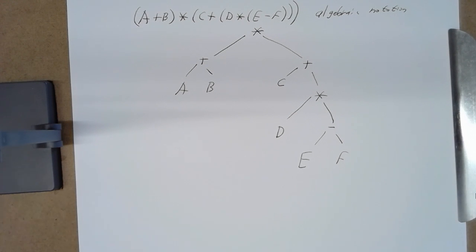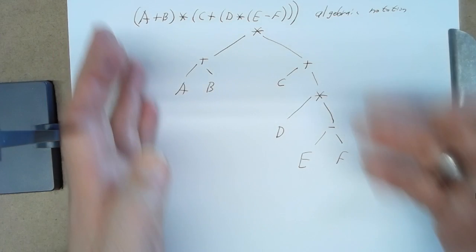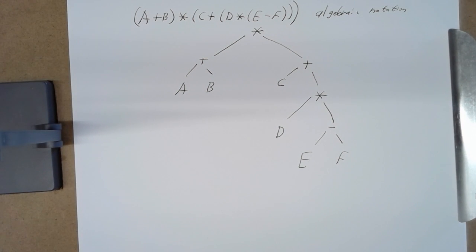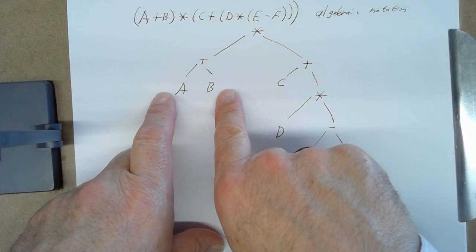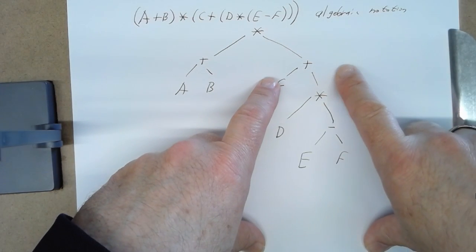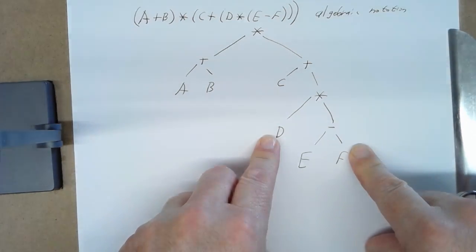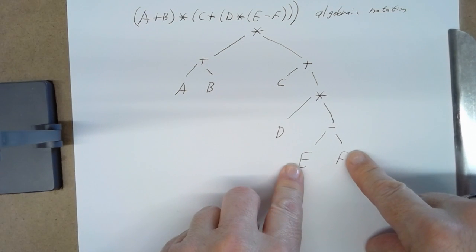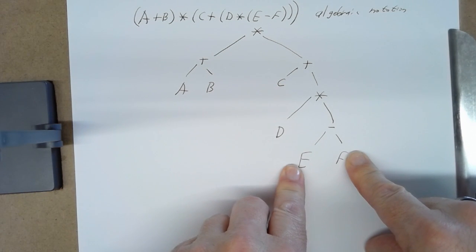Can't believe that worked out. So this tree corresponds to this algebraic expression. And it's really saying our expression is the product of two things. One is the sum of A and B. The other is the sum of C and all of this, which is the product of D and this, which is E minus F.